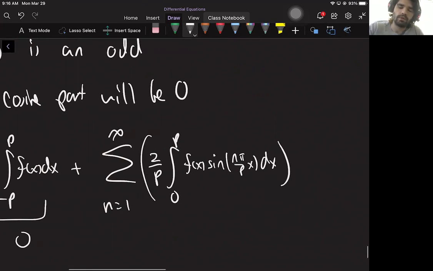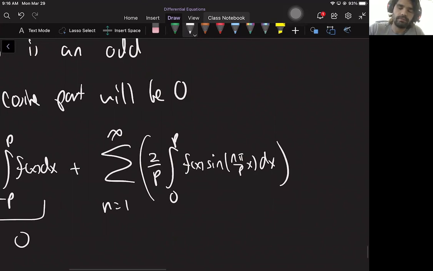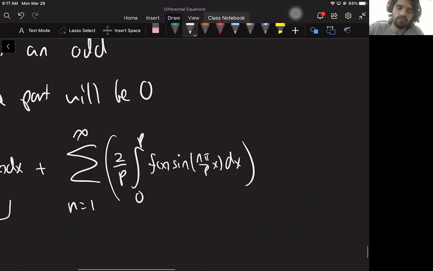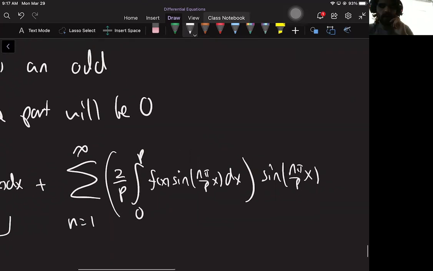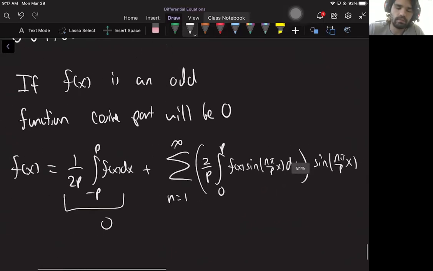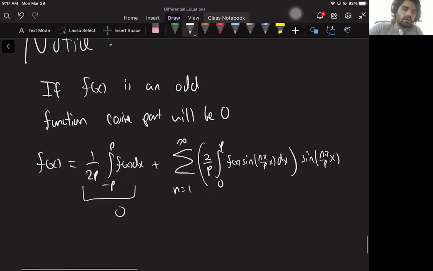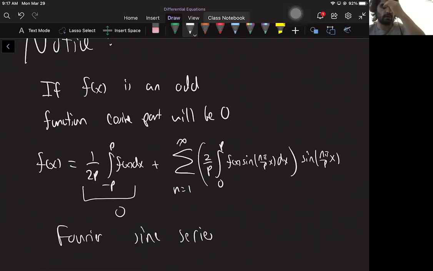So your coefficients will simplify a little bit. And then, because it only has sines in it, you can call this the Fourier sine series instead of just the Fourier series, because it doesn't have any cosines in it.